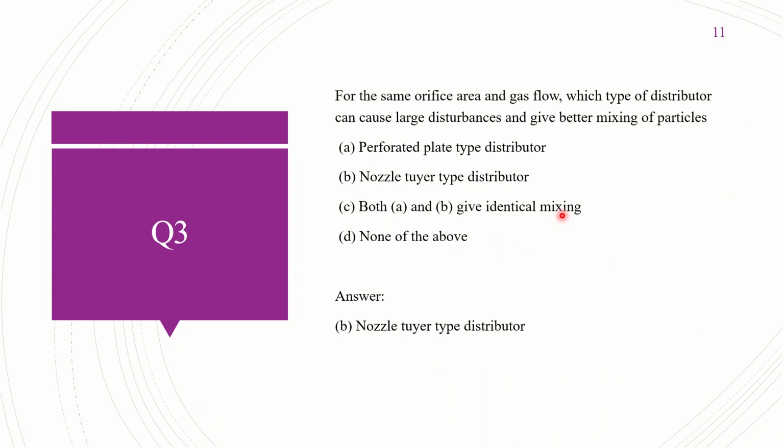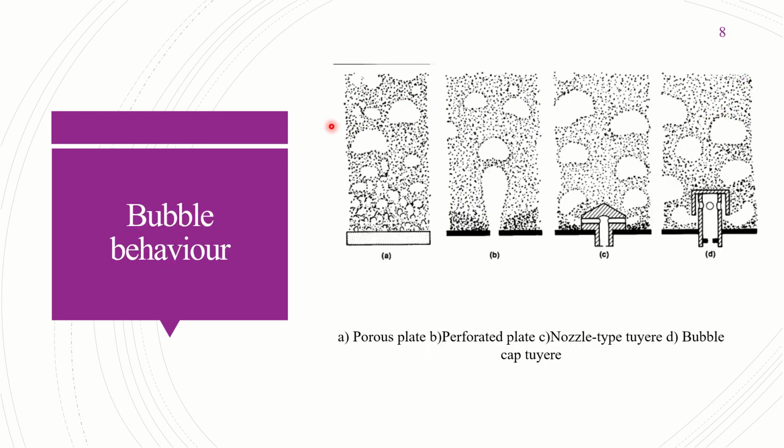What are the options given? First of all, perforated plate distributor, nozzle tuber type distributor, both A and B give identical mixing, or option D, none of the above. As we can all see from this diagram, it shows the bubble behavior. Here it is seen that bubble formation starts over here, whereas in this the jet is formed.